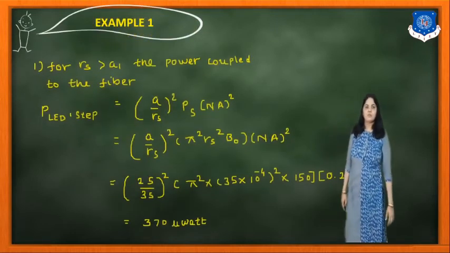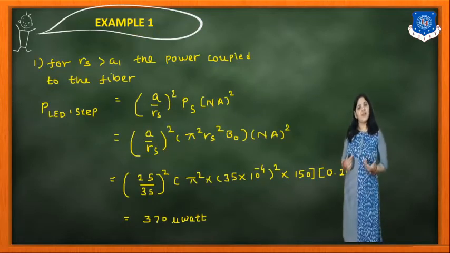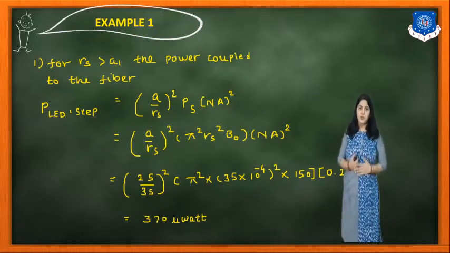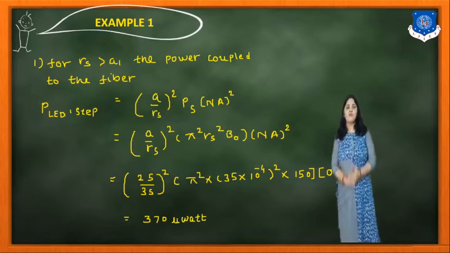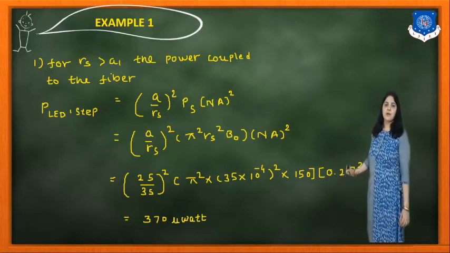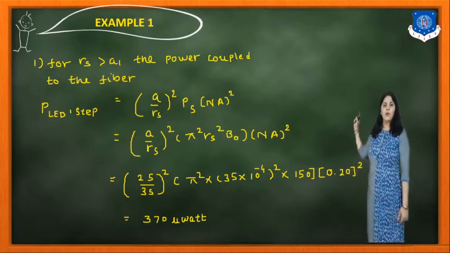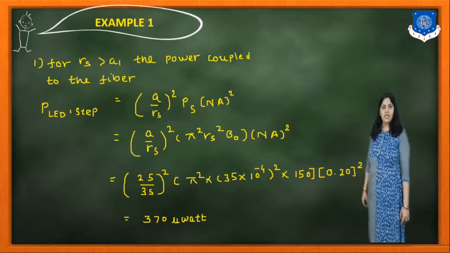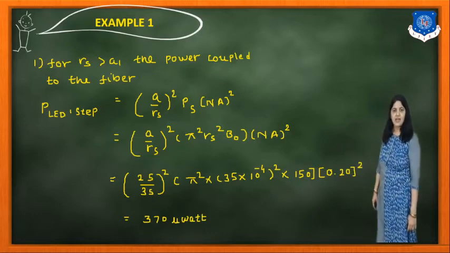Now, for RS greater than A1, we know the formula. The power coupled to the fiber, P LED comma step, is equal to (A upon RS) whole square PS into NA square. Again we will write the equation by putting the PS value in this.